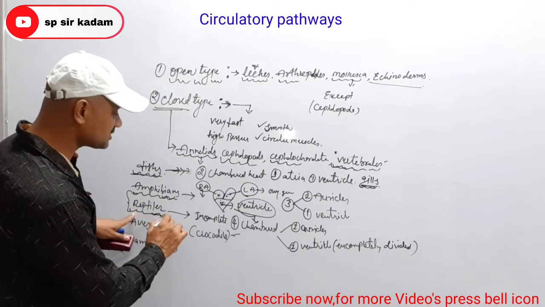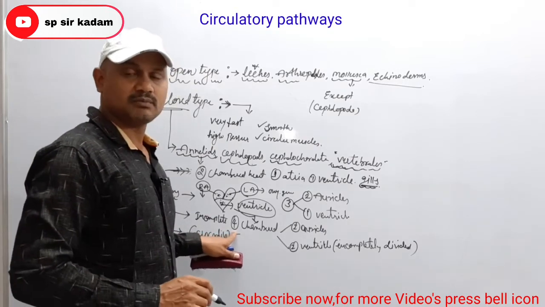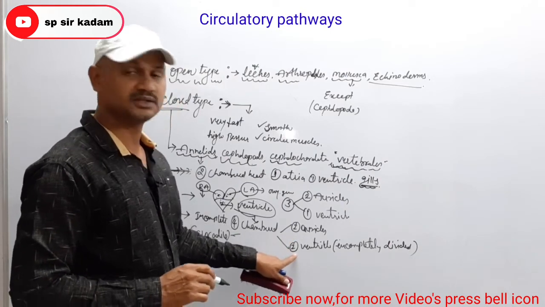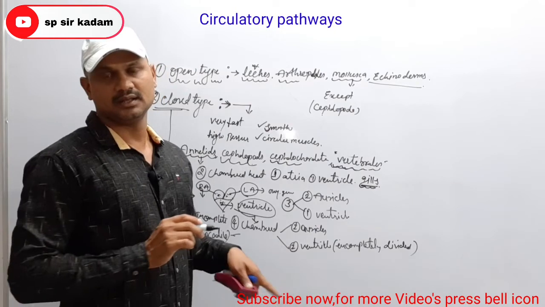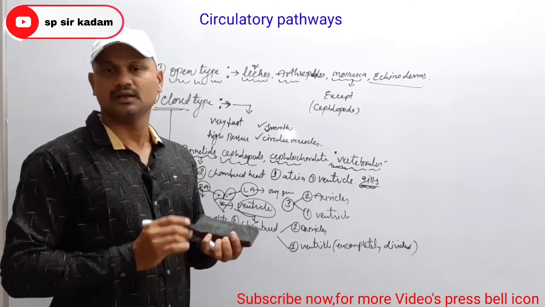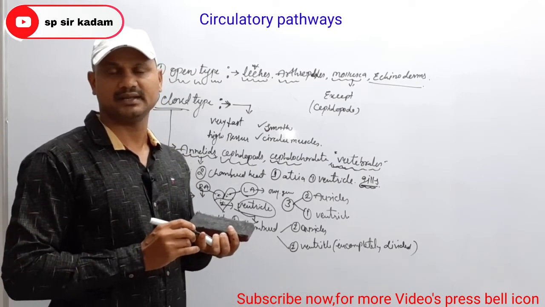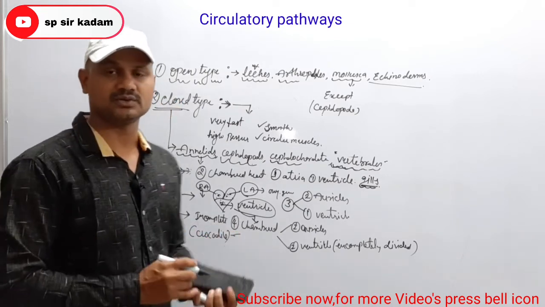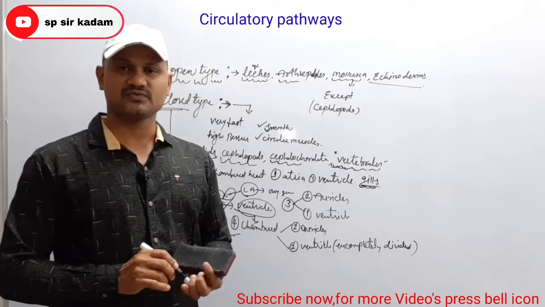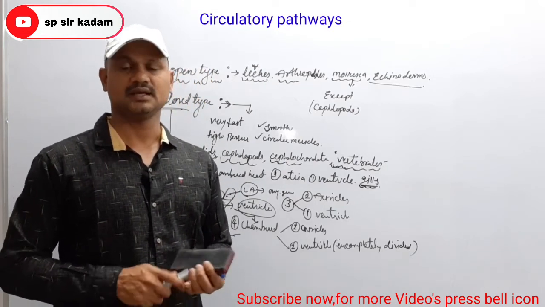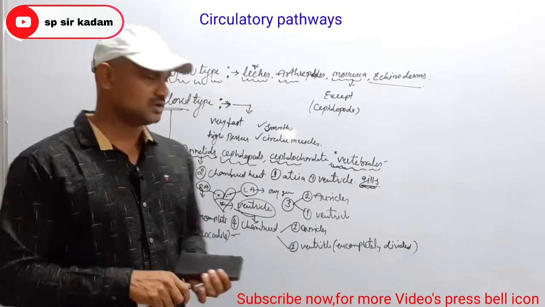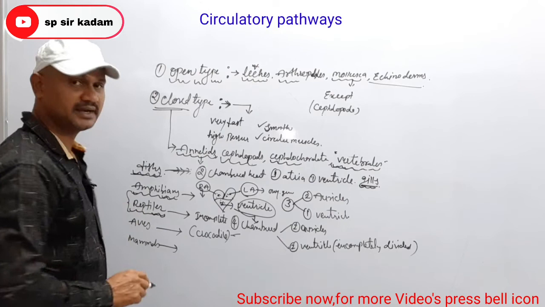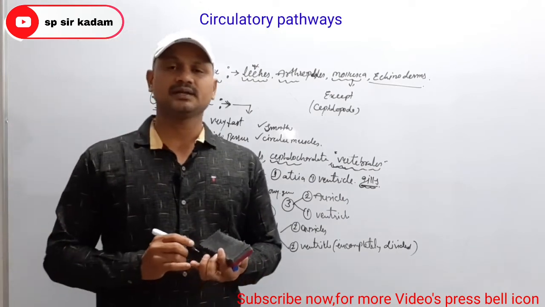In reptiles also, the heart is incompletely four-chambered, meaning the two auricles are separated and the two ventricles are incompletely divided. So here also mixed blood is distributed to the body parts. Such type of circulation is known as incomplete double circulation.